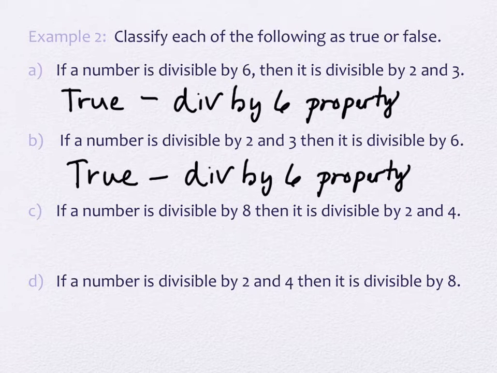So we know we've got something that satisfies that condition. So the question is, does that force it to also be divisible by 2 and by 4? That's exactly why it's going to fail on D, but it's written in the other direction for C, because 2 and 4 are factors of 8.